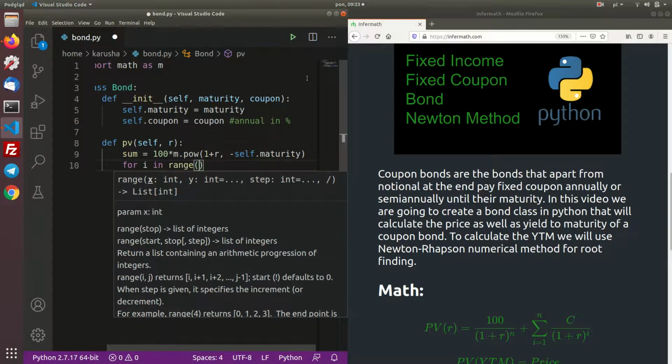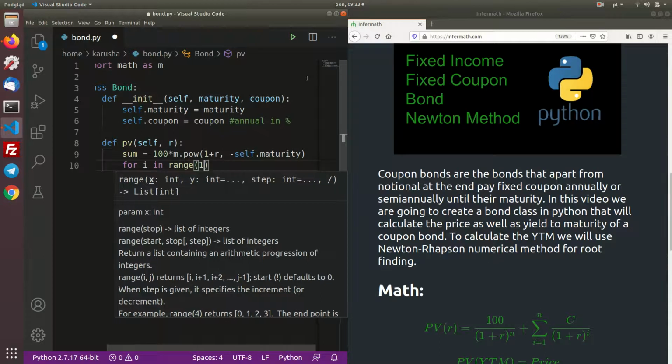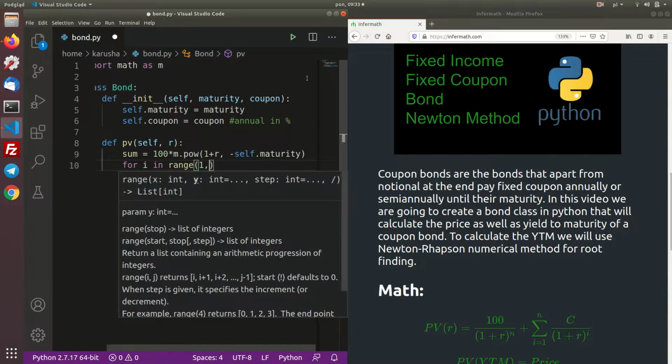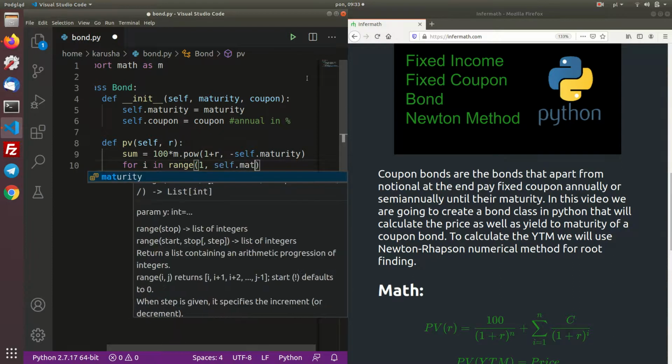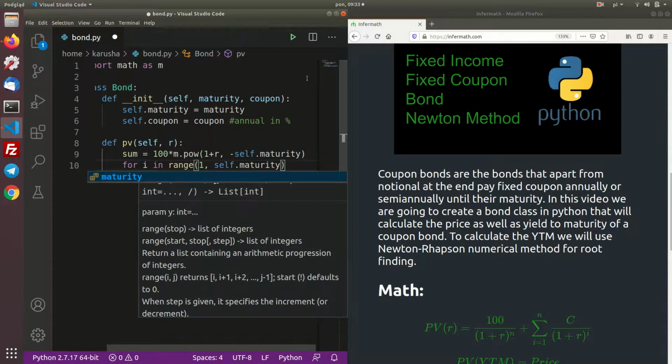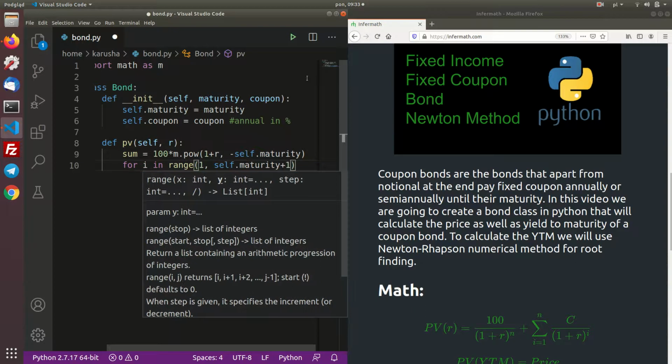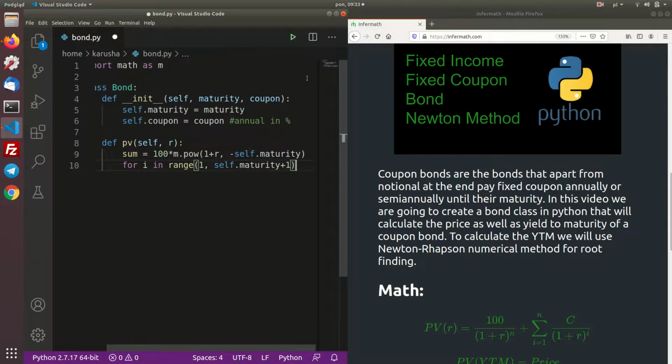Python function range by default starts from 0, so we need to specify explicitly 1, and it will loop until self maturity, and here we also need to add 1 so that the last iteration will be with i equal to self maturity.